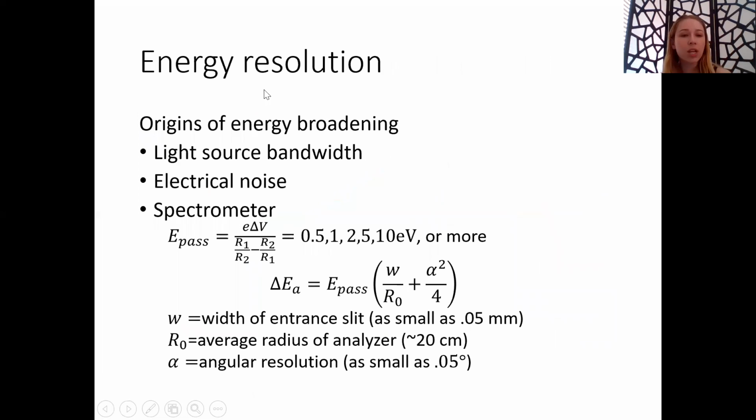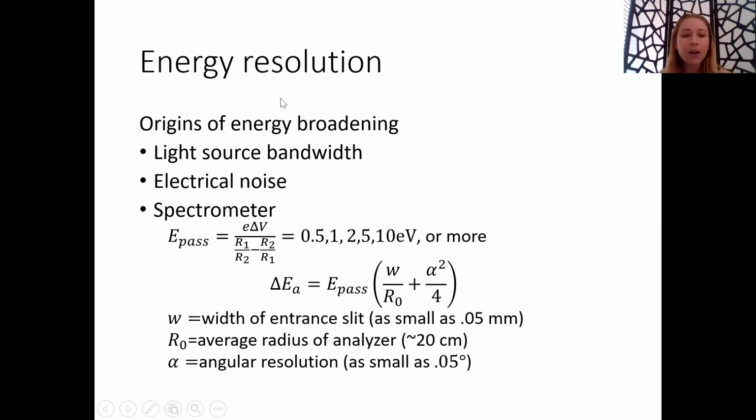So energy resolution, the origins of this type of broadening come from several sources. So one is the light source bandwidth. So that is something that I discussed a few slides ago. Another aspect is electrical noise. So typically, if you want to really get the best resolution that you can in terms of energy, you need to do some extra grounding of your system.